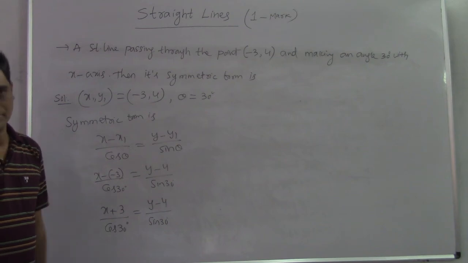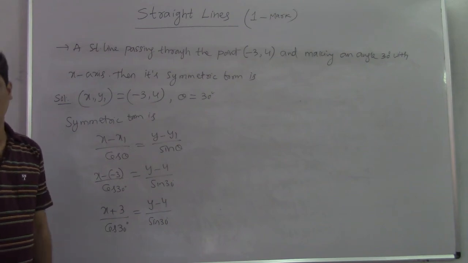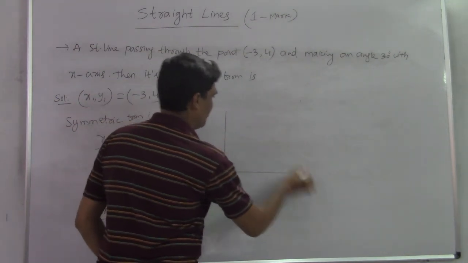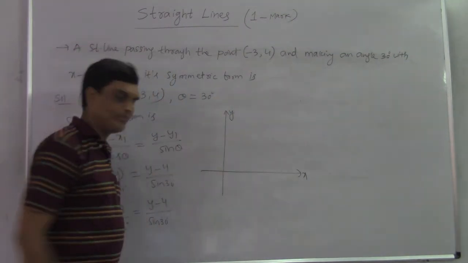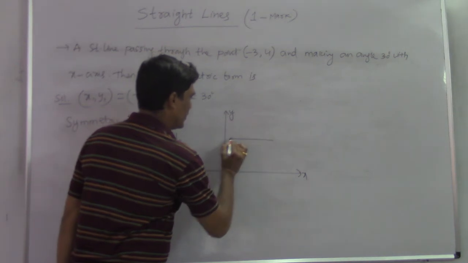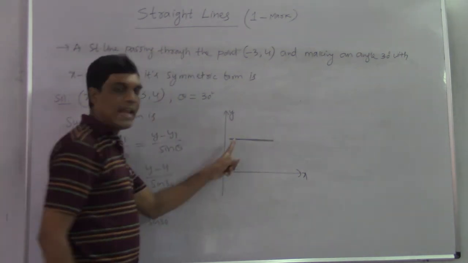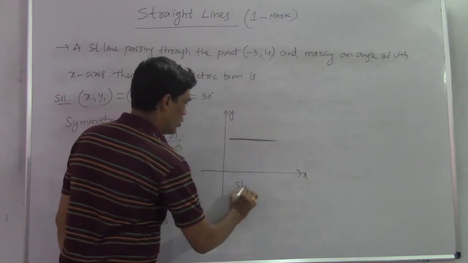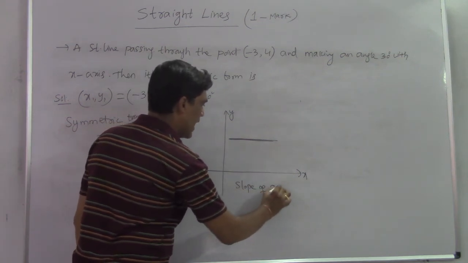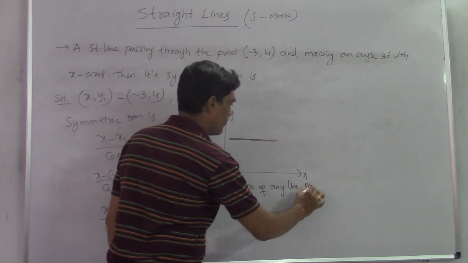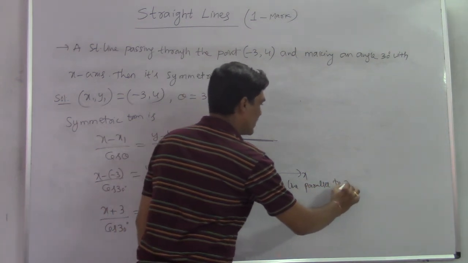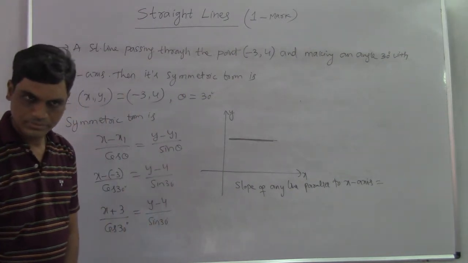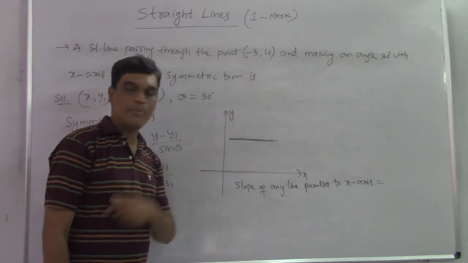Why? Already in our PDF I gave slope of x-axis. This is a two-dimension plane, no? Suppose I take this line, this is a horizontal line, or any line parallel to x-axis. So slope of any line parallel to x-axis.